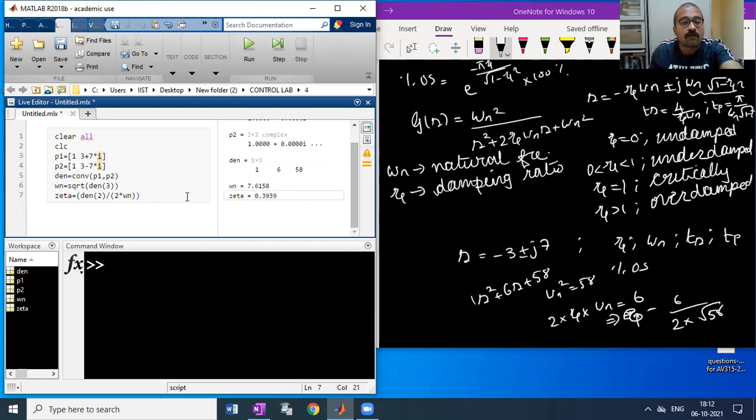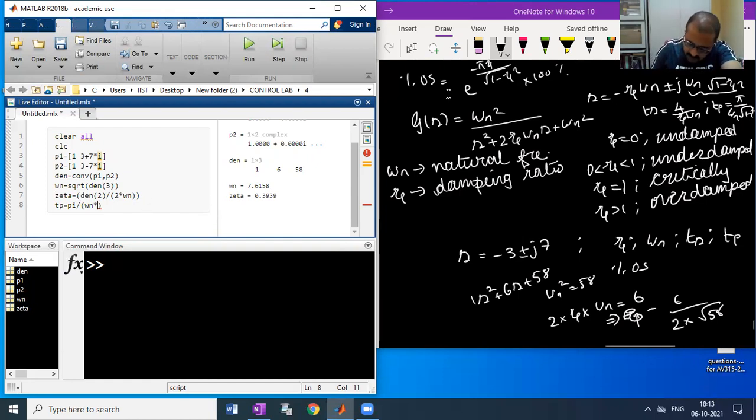Now, what will be your peak time TP? That we know: pi divided by omega d. So TP will be pi divided by omega d. What is omega d? Omega n into square root of 1 minus zeta square.